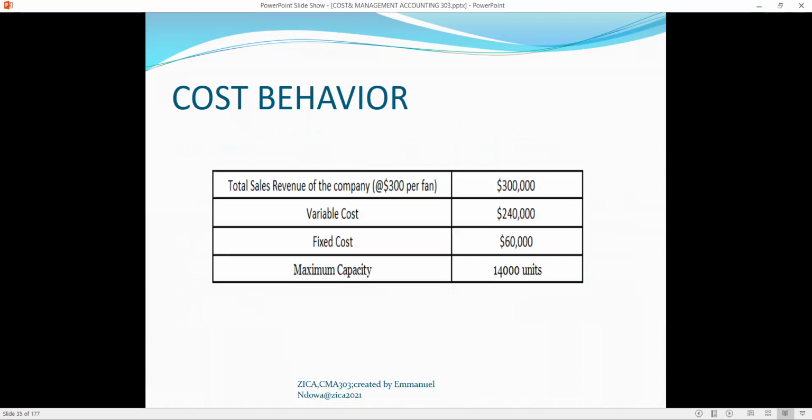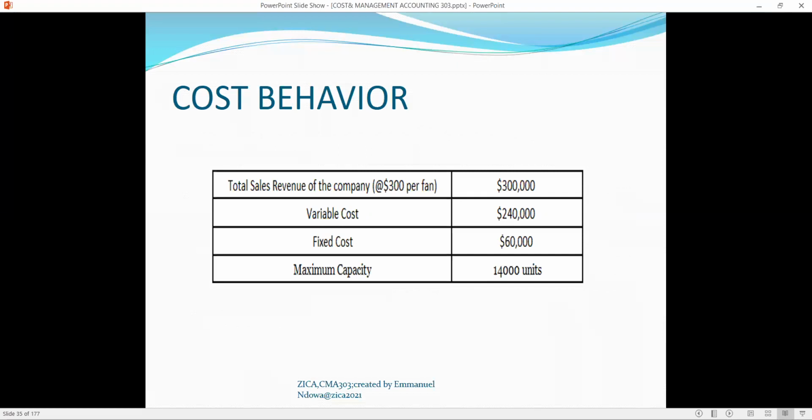So in order to come up with our break-even point, we have said earlier on, our break-even point is fixed costs over contribution per unit. The contribution per unit, we get it by the selling price per unit minus the variable cost per unit.